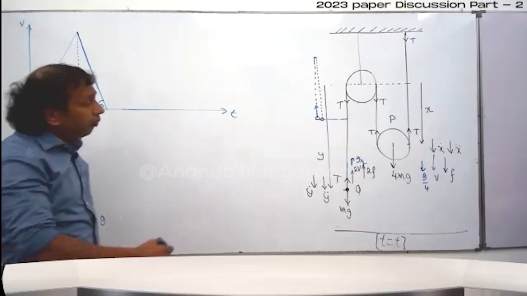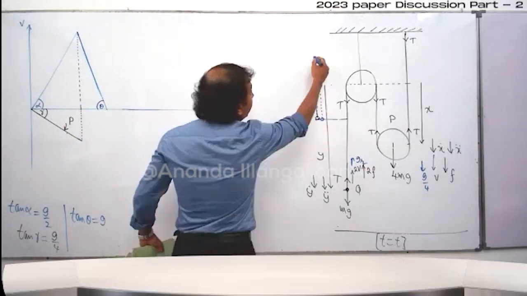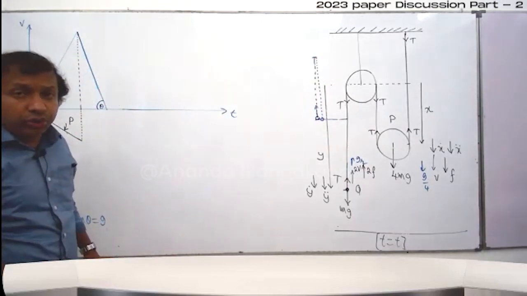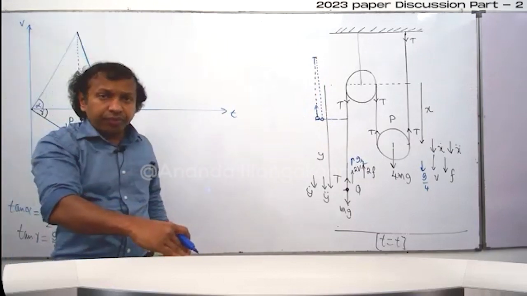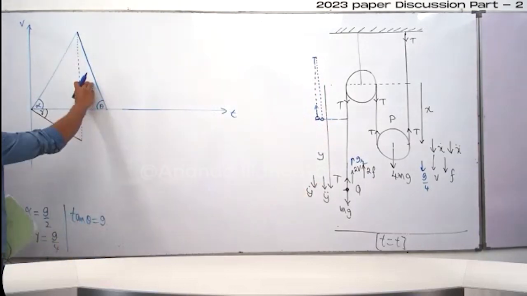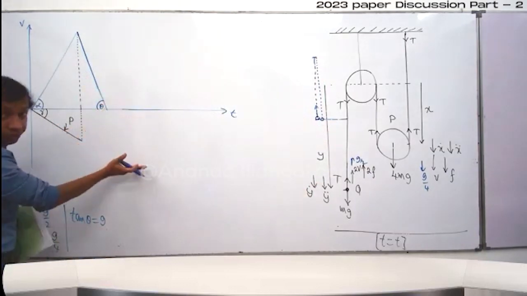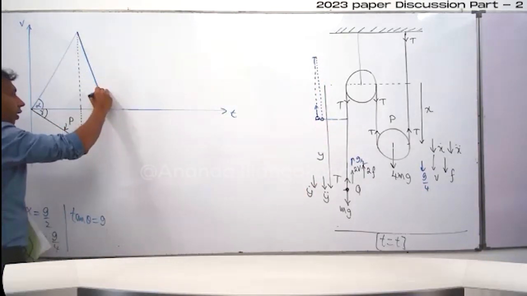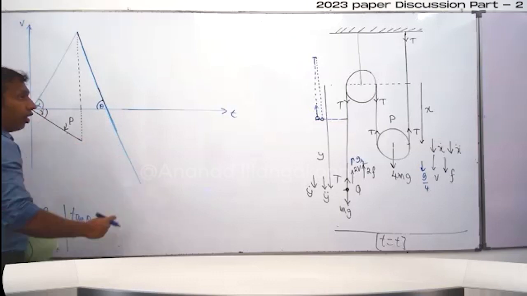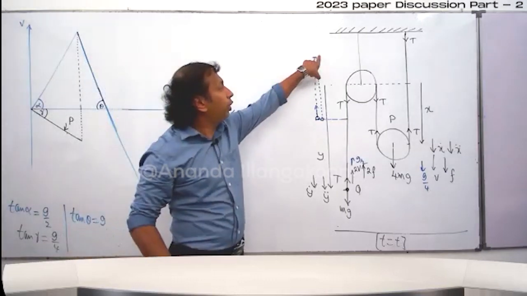Now you know, the same height from here to here, the height ascended under gravity by this Q, should be descended downward to reach the same level. That means we need the same area right below the time axis. And then I draw it like this. After reaching the maximum height, Q also comes down.